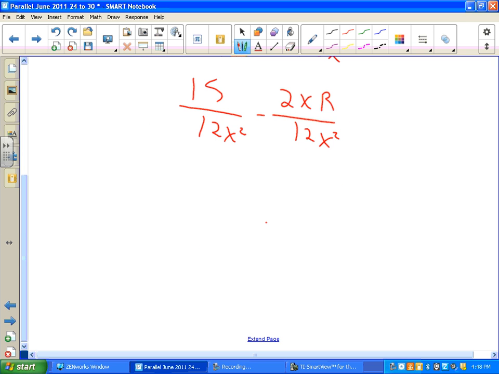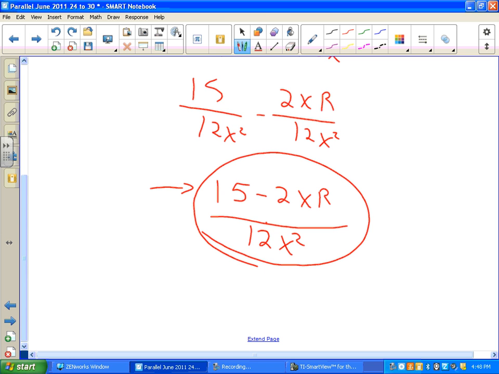Guess what? We're done. 15 minus 2x all over 12x squared. There's nothing I can combine there. So that's all she wrote. Stick a fork in it. It's done.